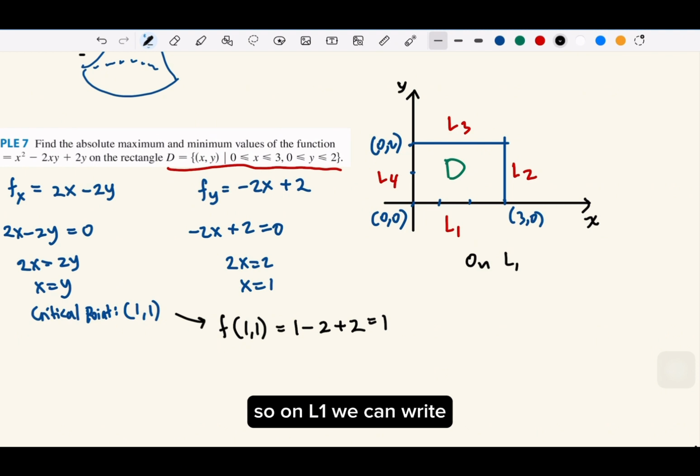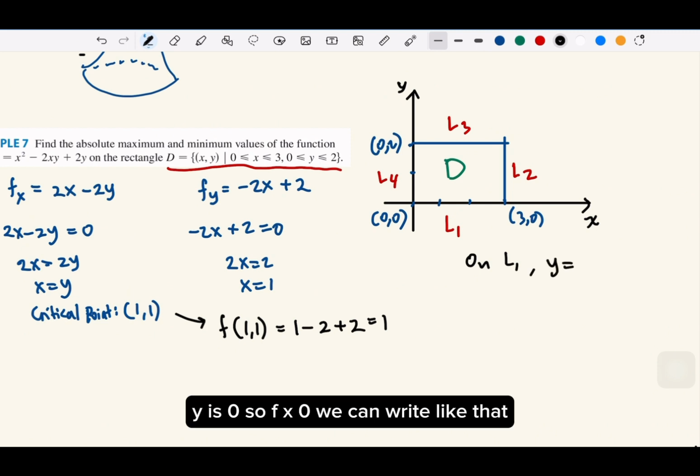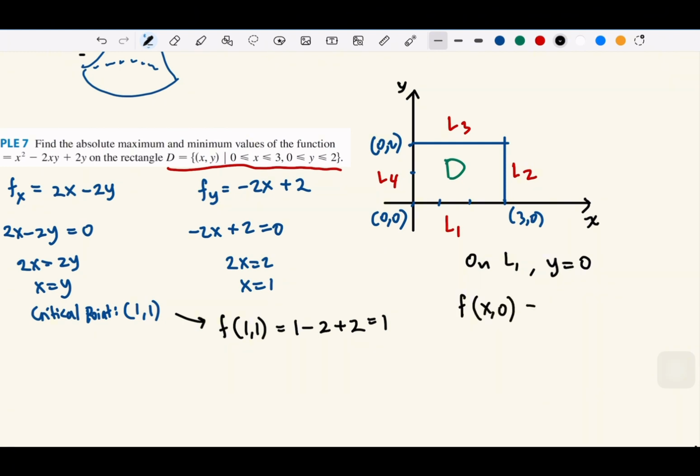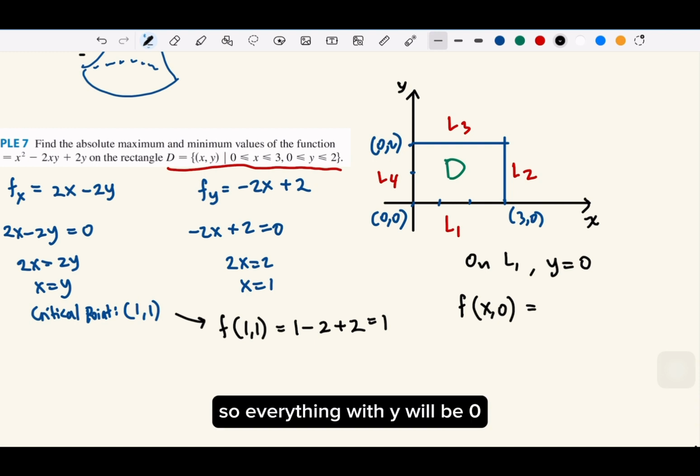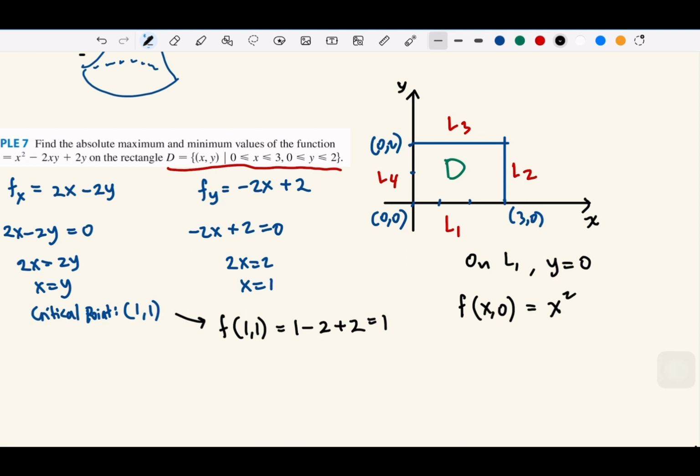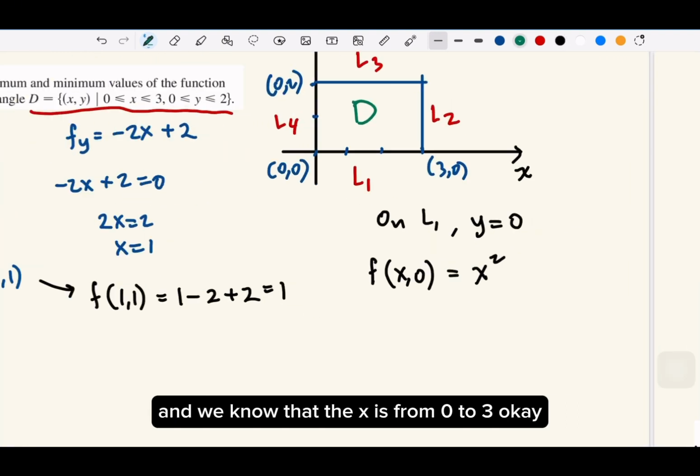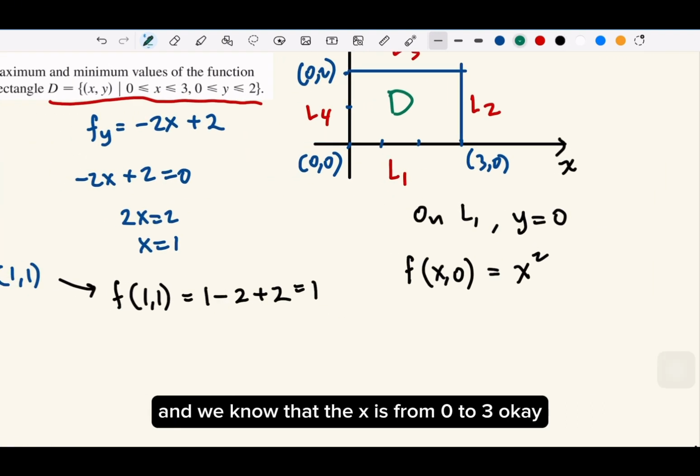On L1, we can write f(x, 0). Everything with y will be 0, so this will be just equal to x squared. And we know that x is from 0 to 3.